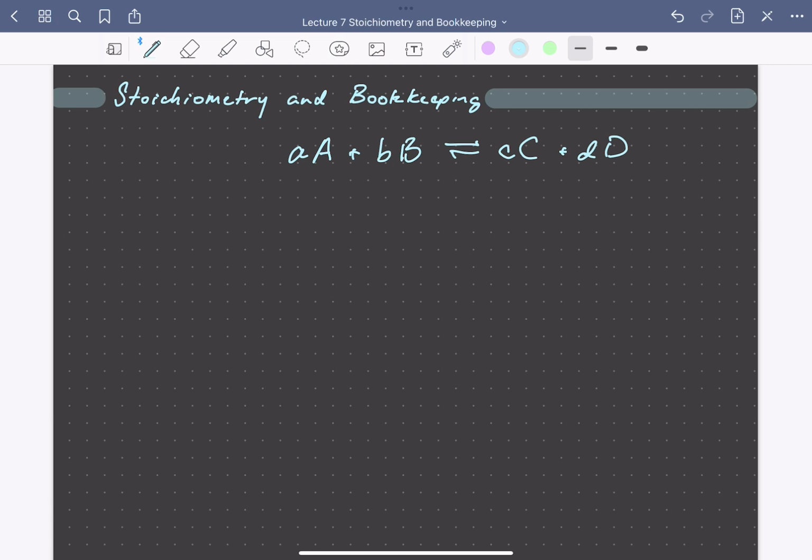So taking A as our basis of calculation, assuming it's the limiting reactant, we can rewrite this in a form that looks like this. So our goal again is to find relationships between the concentration of each species and the progress of the reaction, or the conversion. We'll first look at the case of batch systems, then look at how this works for flow reactors.